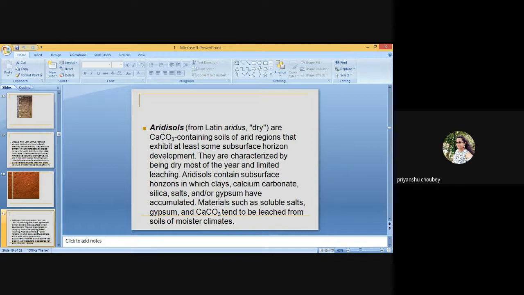They are characterized by being dry most of the year and having limited leaching. Aridisols contain subsurface horizons in which clays, calcium carbonate, silica, salts, and or gypsum have accumulated. Materials such as soluble salts, gypsum, and calcium carbonate tend to be leached from soils of moist climates.